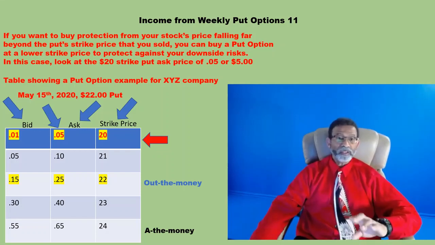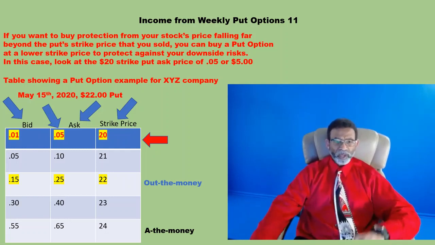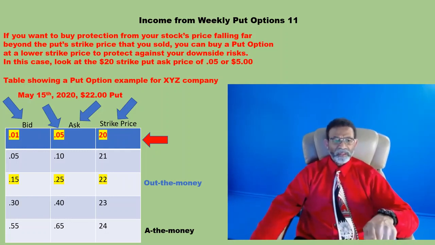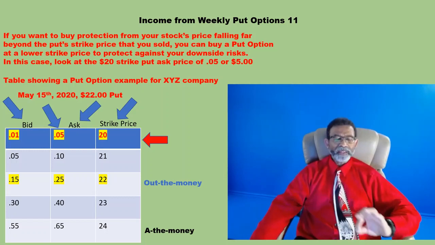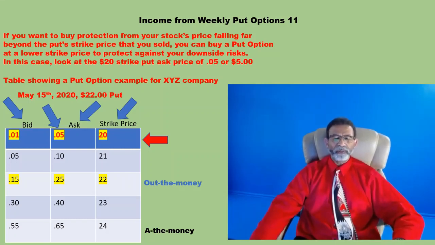So in this case, look at the $20 strike put ask price. It's showing that you would pay the ask price of 5 cents a share to buy the $20 strike price put option. So take a look at this, get familiar with this, and let's continue on.